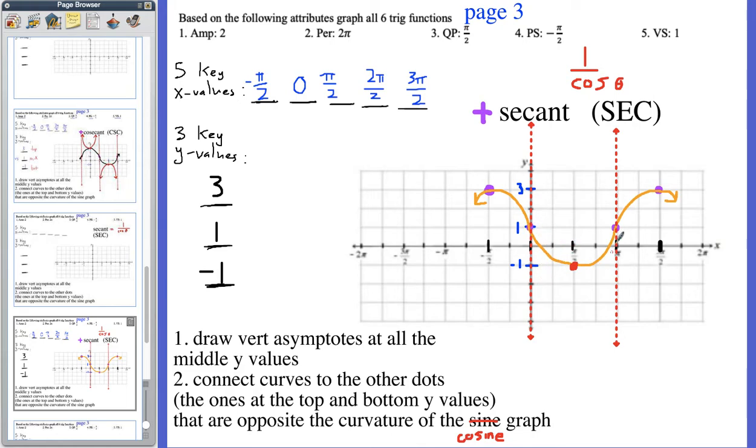So this is a right side up U, so I make it into an upside down U. This, we have a half upside down U, so I make it into a half right side up U. Here we have a half upside down U, make it into a half right side up U. That is how we graph a secant curve.